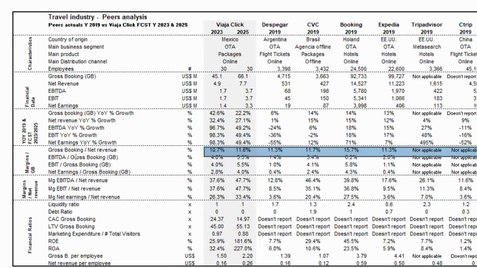For example, let's see, gross booking against net revenue. This is the net revenue of all the companies. How do you think that I'm performing? ViajaClick, my company, against the biggest of the industry. What's your conclusion?